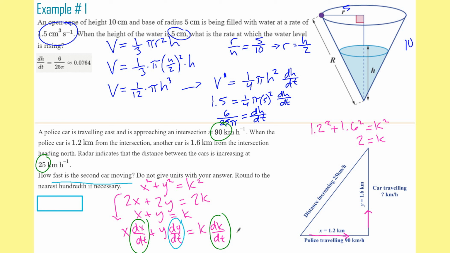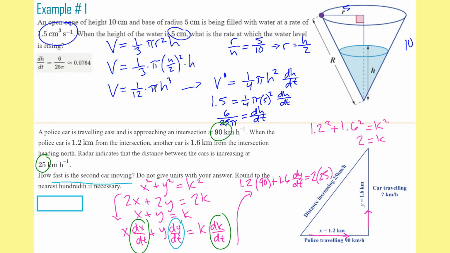So when we plug all those in, we know x is 1.2. That police officer is traveling at 90 miles per hour, plus y is 1.6, then that's the change in y over the change in time, equals 2 times 25.